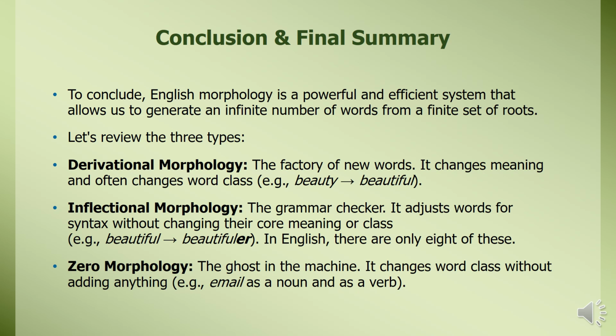It changes meanings and often changes the word class: beauty, beautiful. Inflectional morphology serves some grammatical functions relating to number, gender, and tense, without changing the word class. And then in zero morphology, the word changes its behavior without changing its form necessarily.